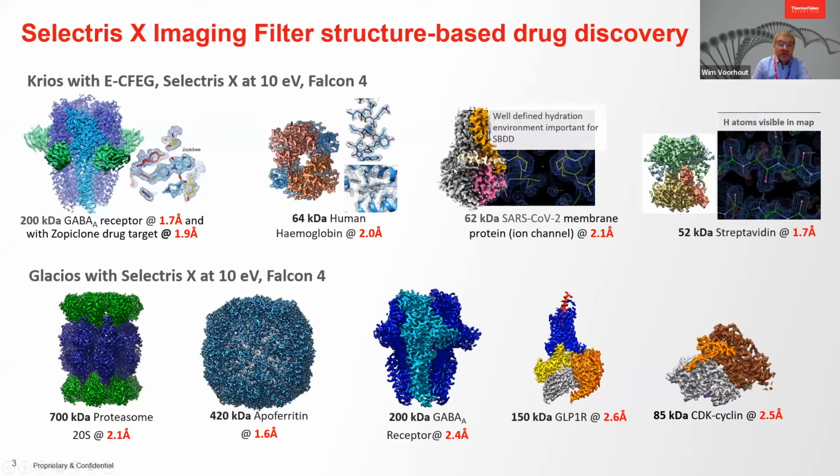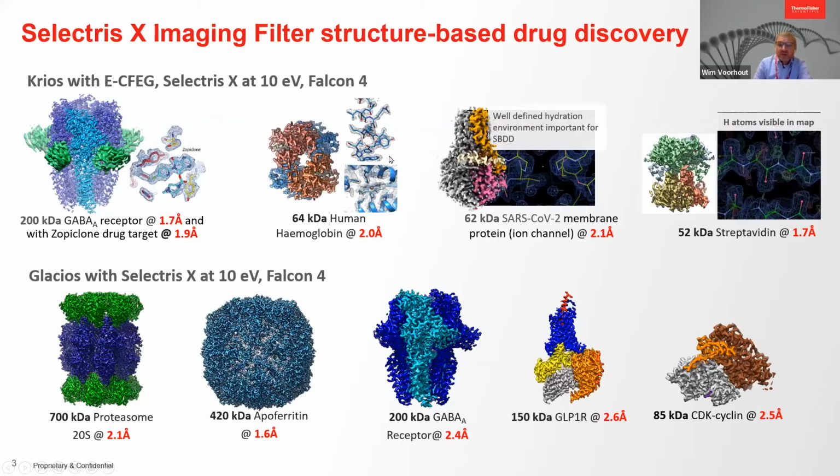The top row are data from the Titan Krios with an energy filter and a Falcon 4 detector. Here, for instance, a very popular receptor for drug development, the GABA receptor, isolated and then resolved to 1.7 or 1.9 angstrom, where you can really see where a drug, in this case zopiclone, binds in the binding pocket of this GABA receptor.